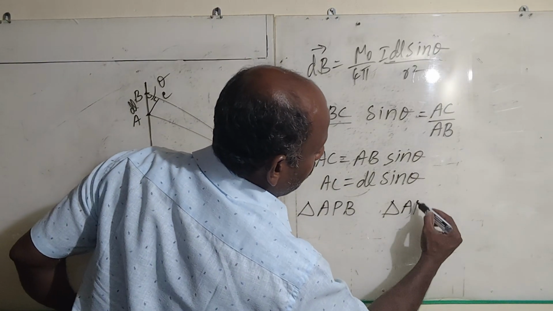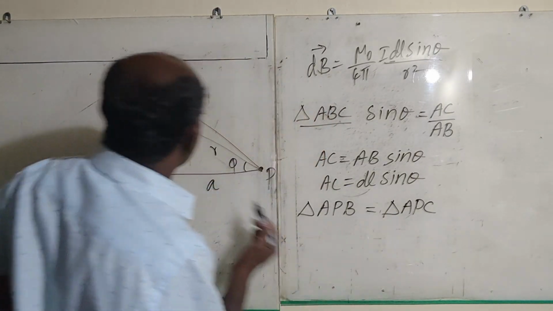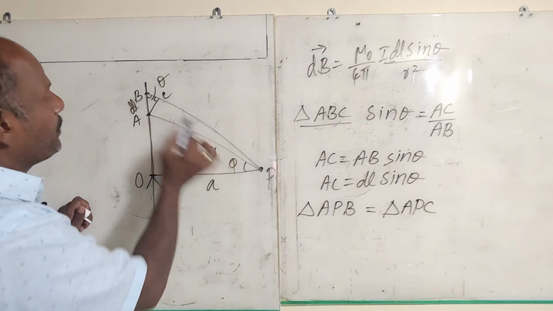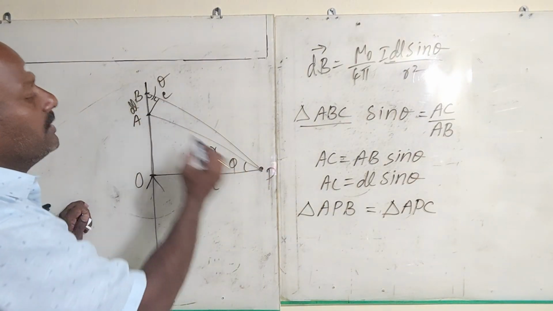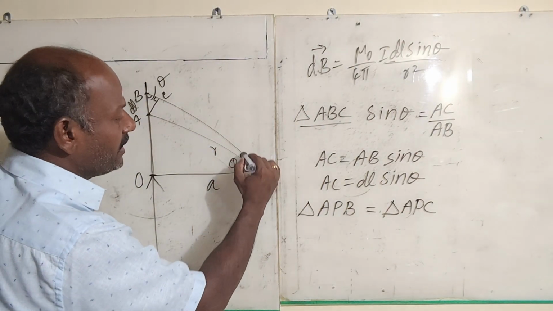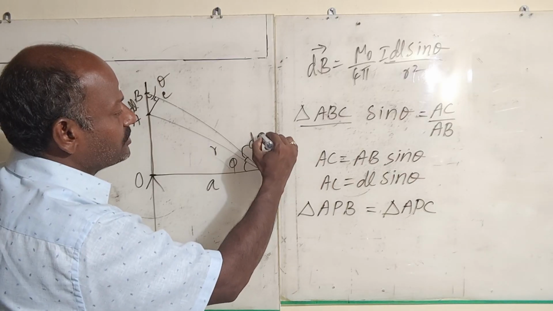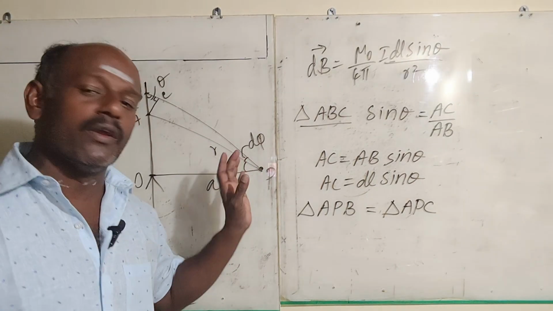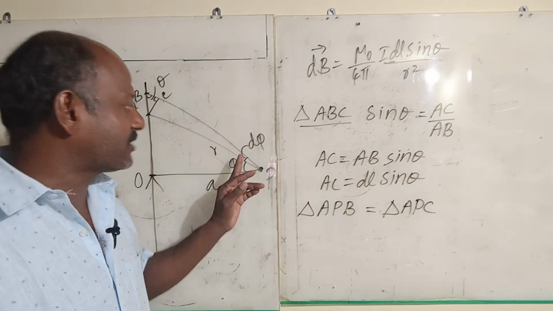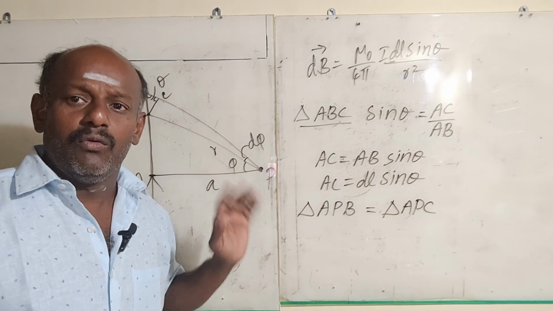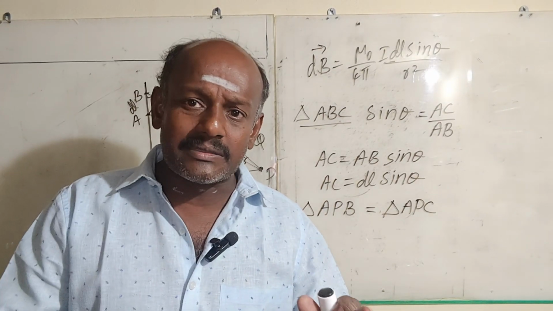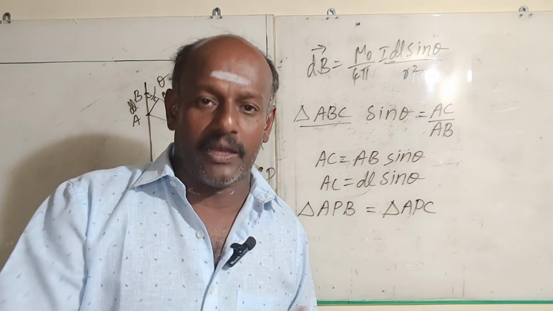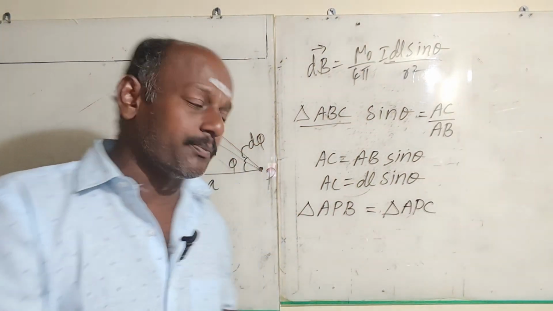Of course, both are the same. In triangle APB and APC, let me take this angle as d phi. When compared with the angle phi, the angle d phi will be very small. When the angle is small, sin theta can be taken as theta. I am going to use that principle.